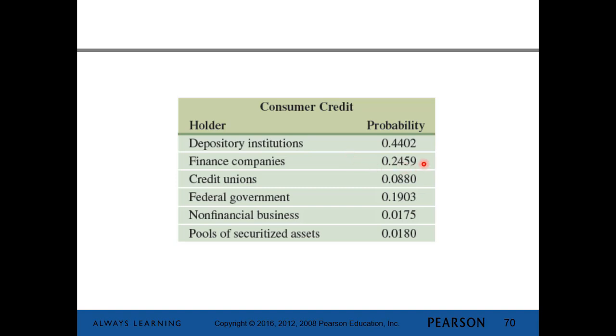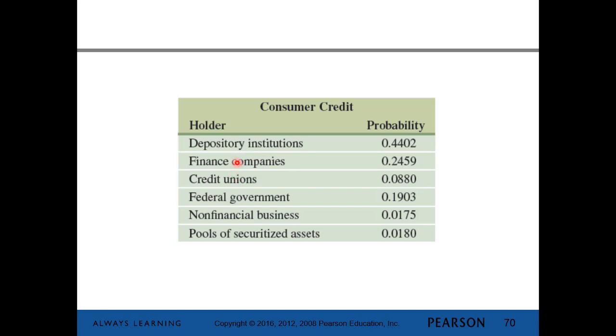Well, it's going to be this plus this, so we're going to use the addition rule. Since there's no overlap between these, because we're assuming one or the other, so there's no both.